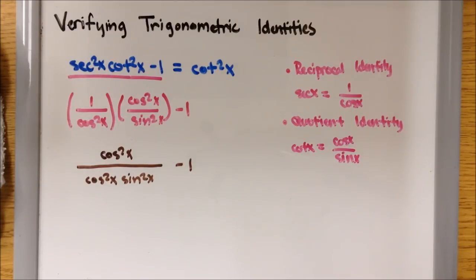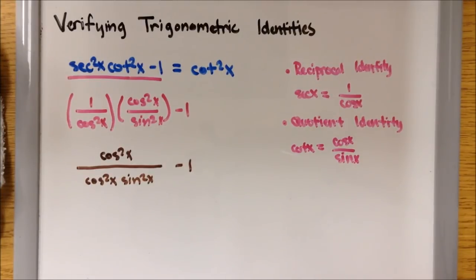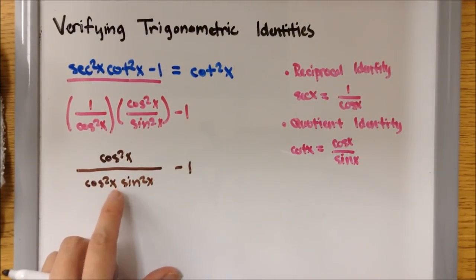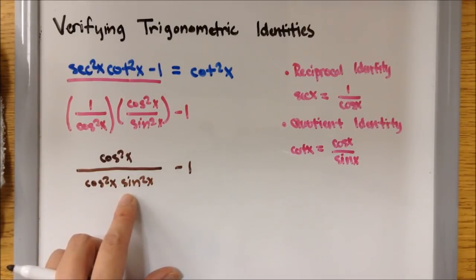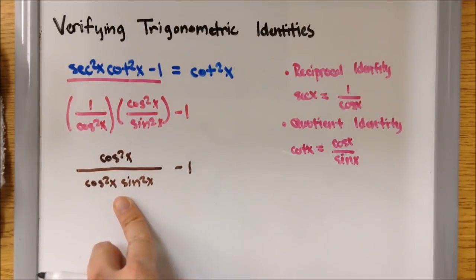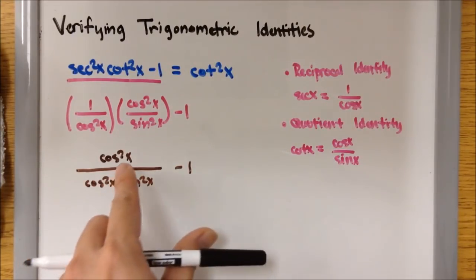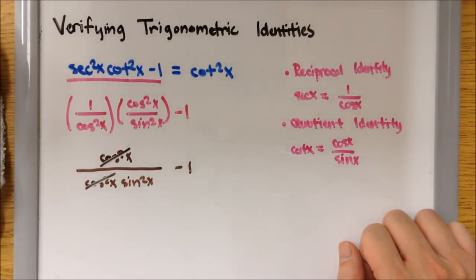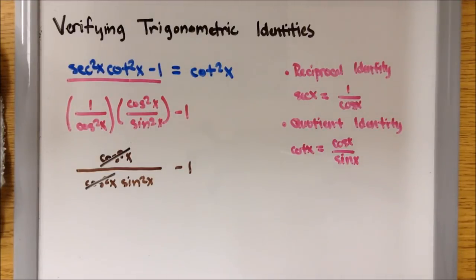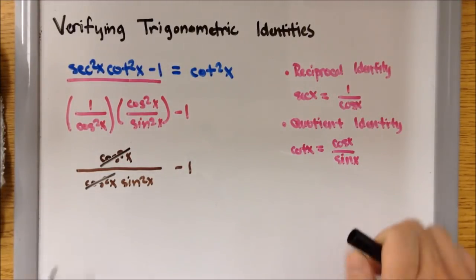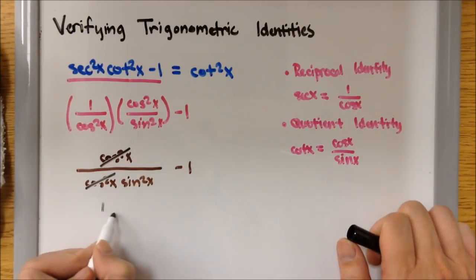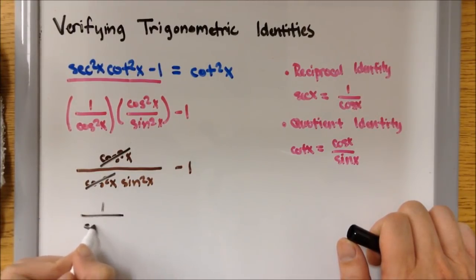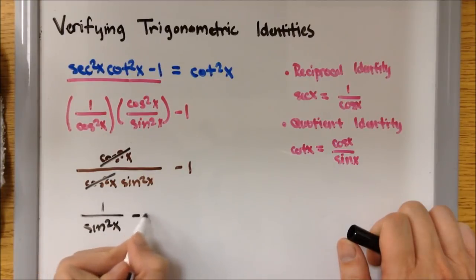Taking a closer look, I noticed there's a common factor, because at the bottom it's multiplying. So I know that I can simplify, because there's a common factor, cosine square x, in the numerator and denominator, and I'm going to divide both of them into 1. So I'll have 1 in the numerator over sine square x and then minus 1.